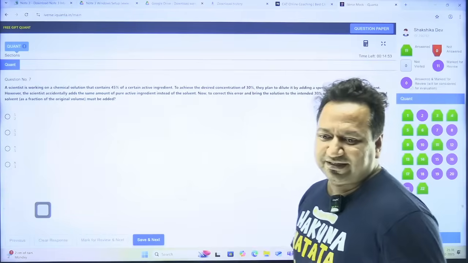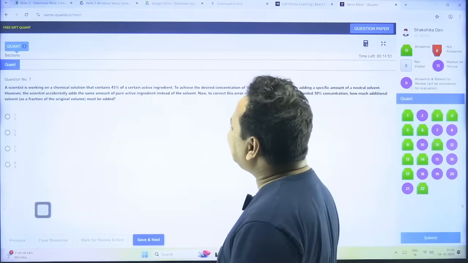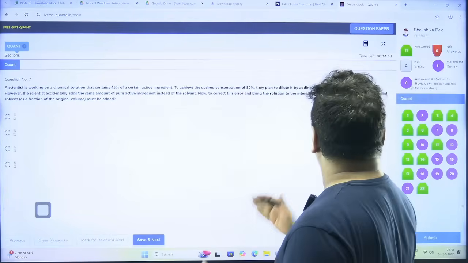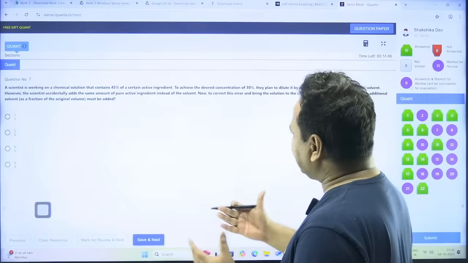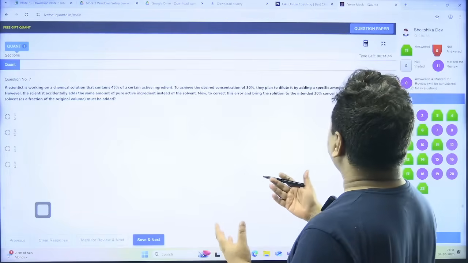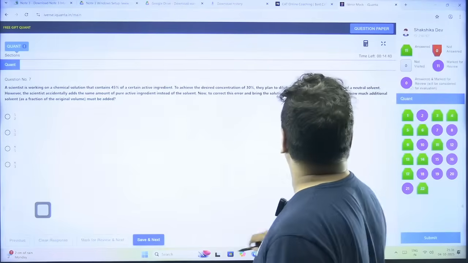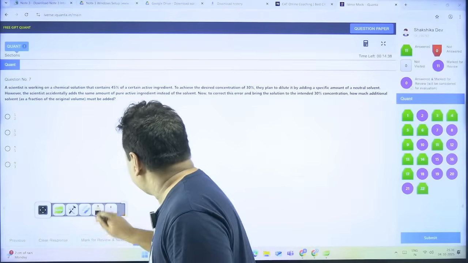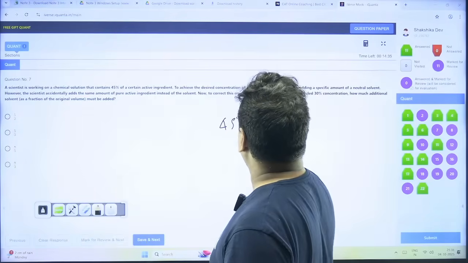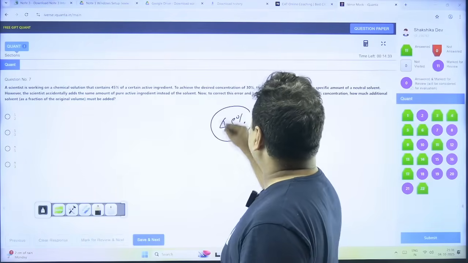Let's look at this. A scientist is working on a chemical solution that contains 45% of a certain active ingredient, and wants to achieve the desired 30%. 45% was there earlier, now they want to make it 30. 45% is 9 by 20.